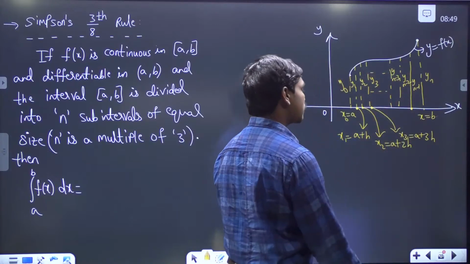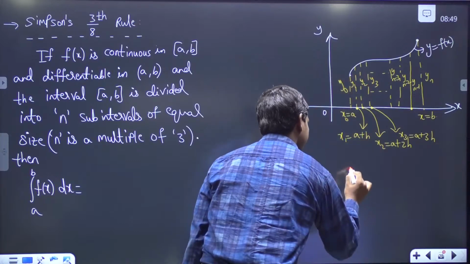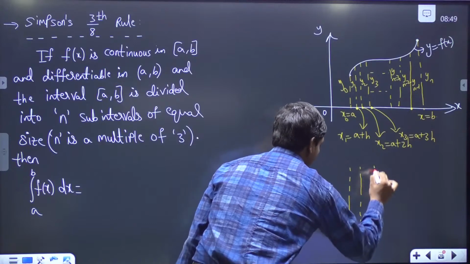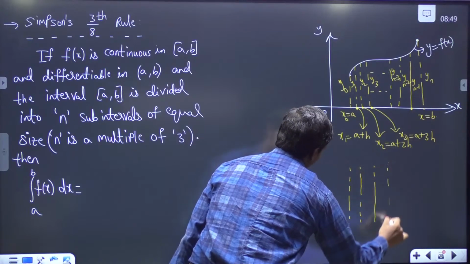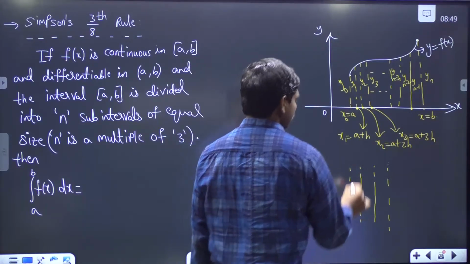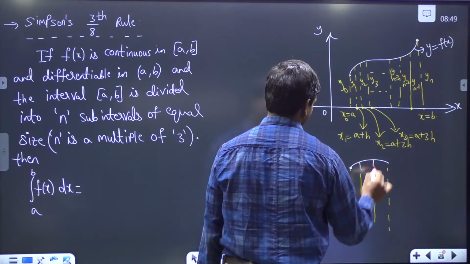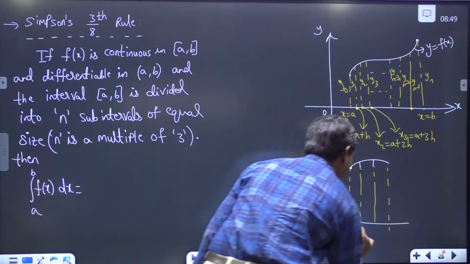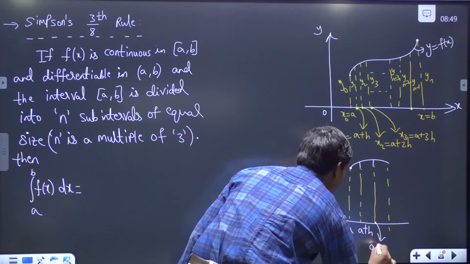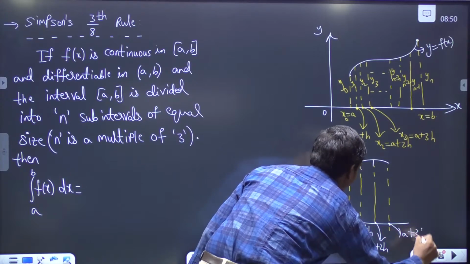Now in Simpson's 3/8 rule, we consider 3 intervals at a time, for which the actual curve is something like this, and these values are a plus h, a plus 2h, and a plus 3h.